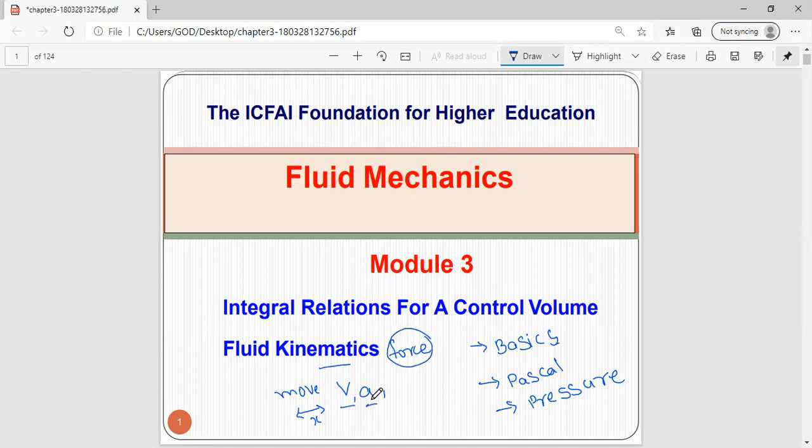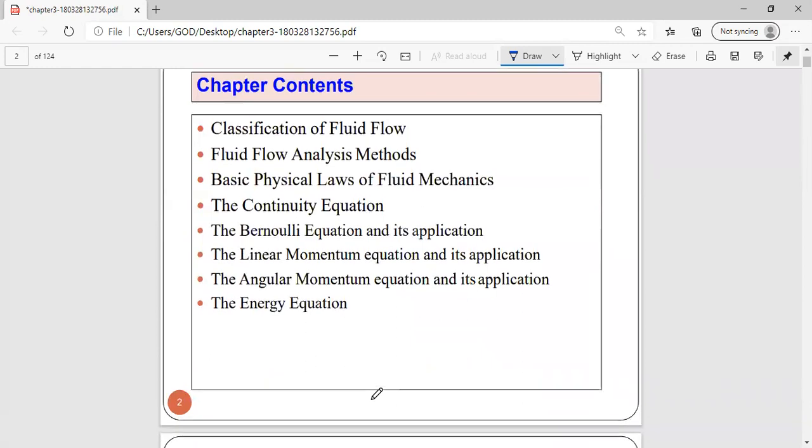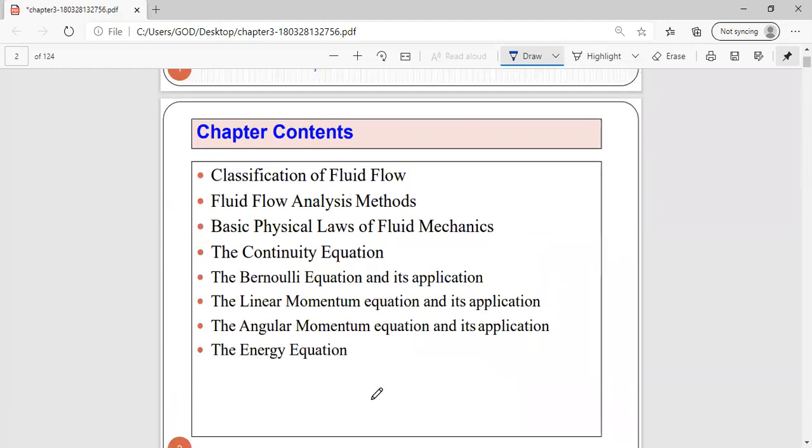Okay. Further, we'll see. For that, first I have the chapter-wise content. It is a big chapter, so in the coming 3-4 classes, we will finish this. First, we will discuss fluid flow. Then fluid flow methods, there are two methods that we will discuss.